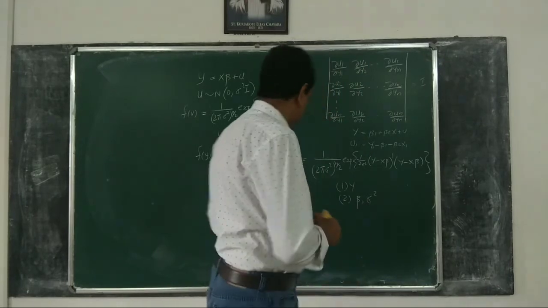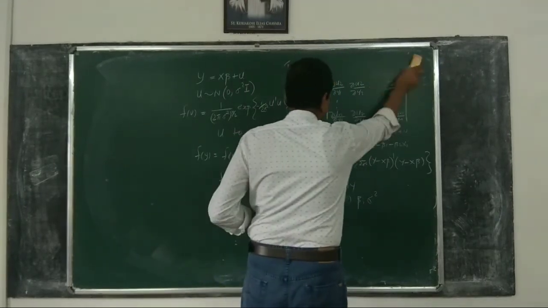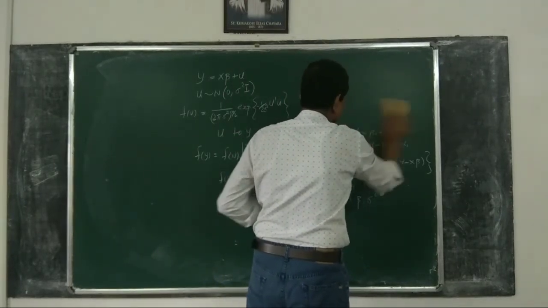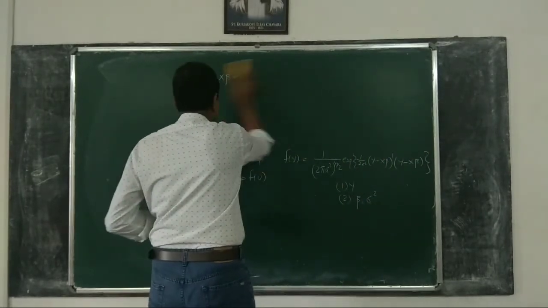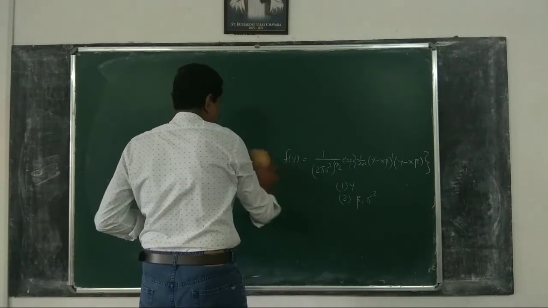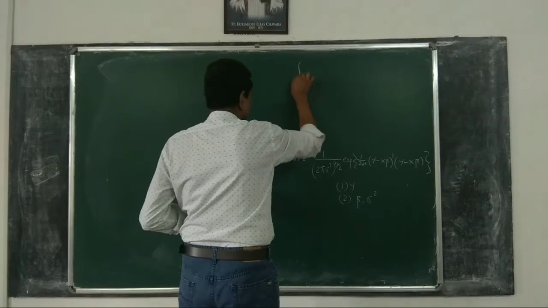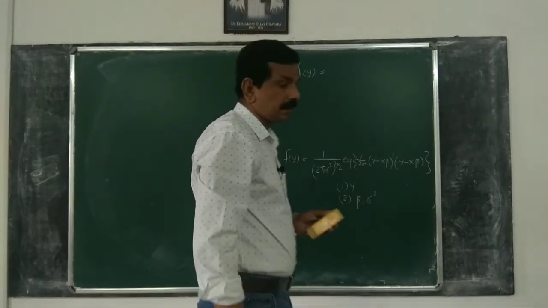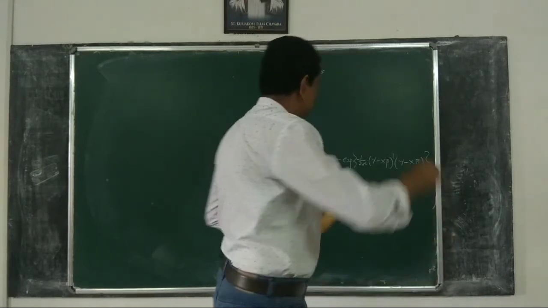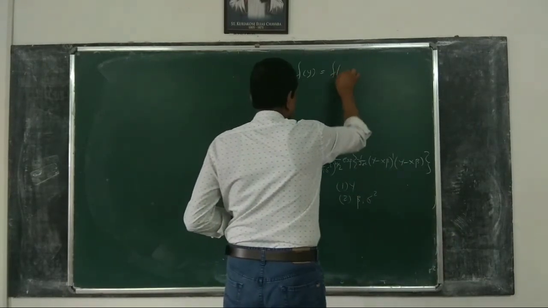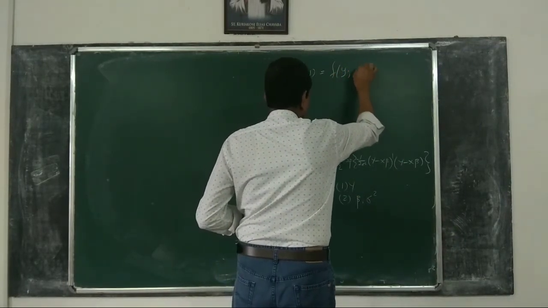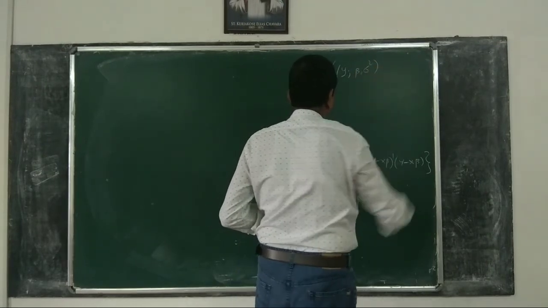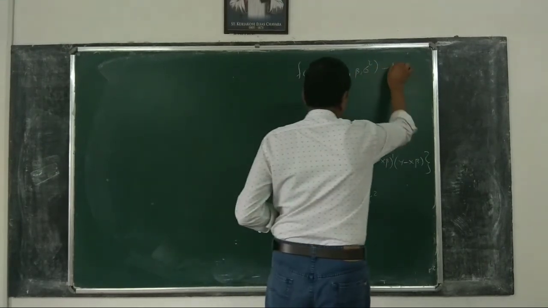Now, if we write Fy as F of y given beta, sigma square, it is a PDF.